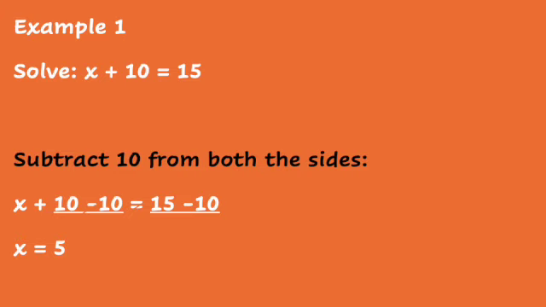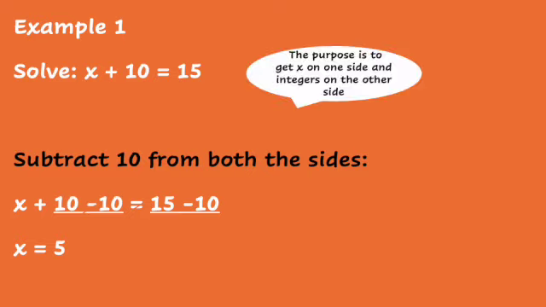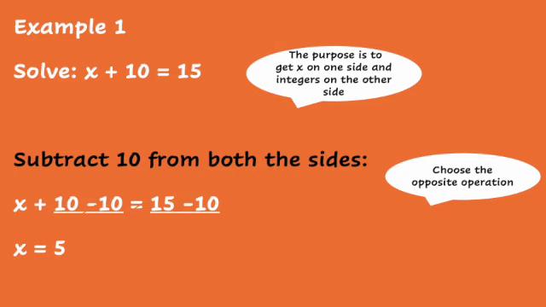But we need to understand how algebra works so that later when it gets complicated we are able to do it with confidence. So here the purpose is to keep x on one side and integers on the other side. You can notice 10 is being added to x, so we need to choose the opposite operation.